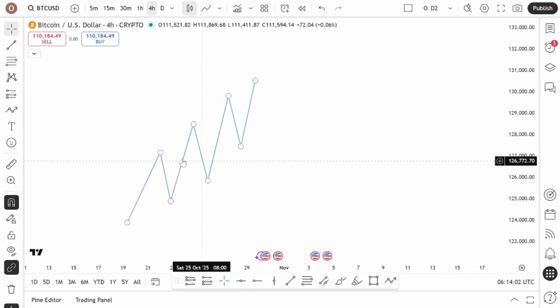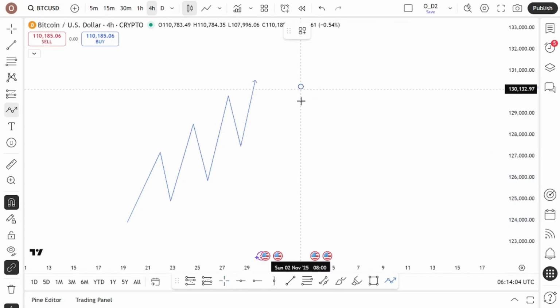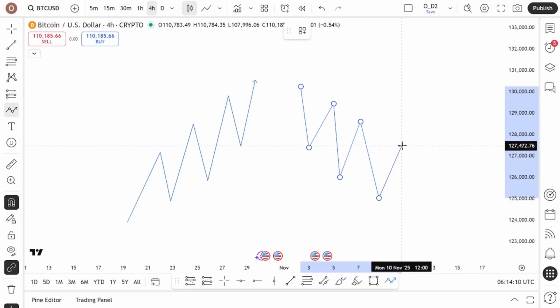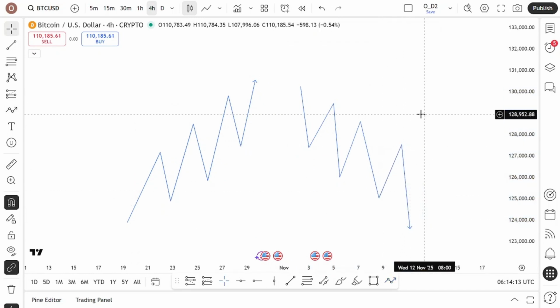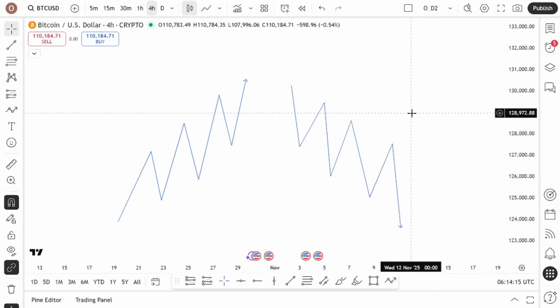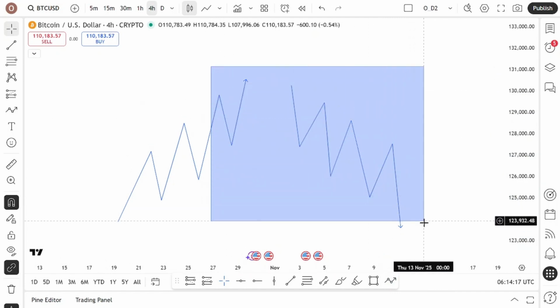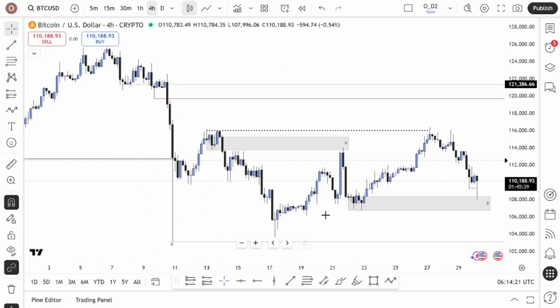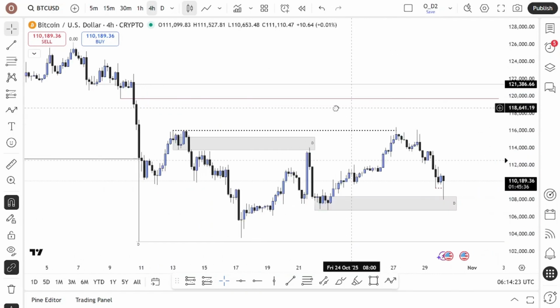So if this is how structure is supposed to be, then why do other traders try to make things complicated? They tell you that you need to know where the beginning is, where the leg is starting from.